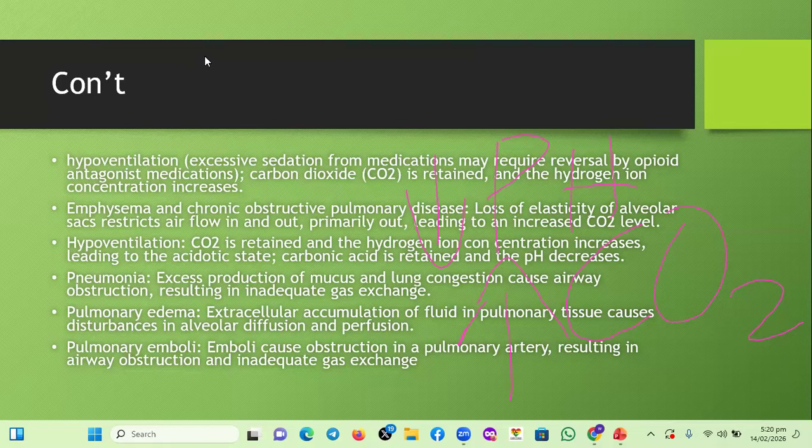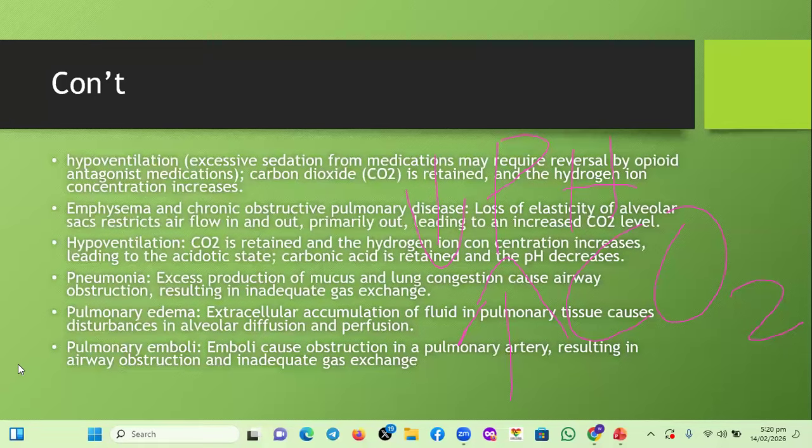But I'm just giving you an idea that when you get respiratory acidosis, carbon dioxide is high and pH is low. We'll go into the carbon dioxide figures and the pH figures and understand that better. But this is what I want you to understand in terms of the labs, what happens to the two, pH and carbon dioxide.